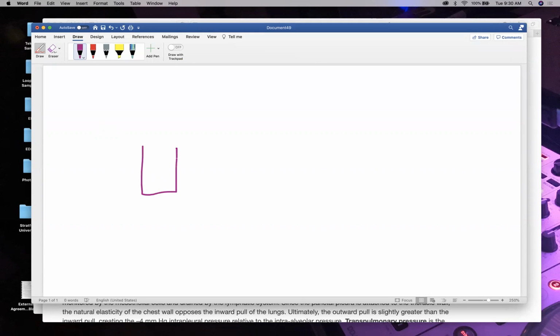So this is your lungs. And then you have your main stem bronchus. Here's your carina, and then going up your trachea. Now, when you have inhalation, right? When you're inhaling, okay, that's inhale.